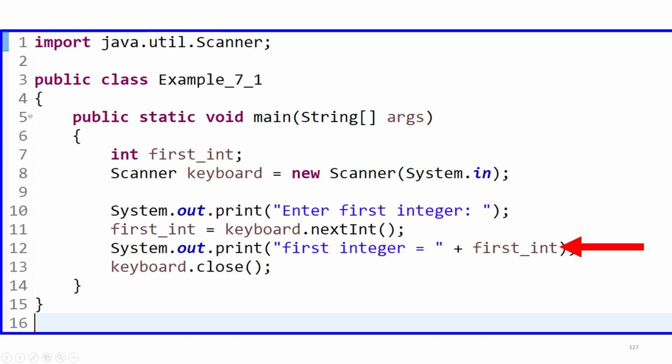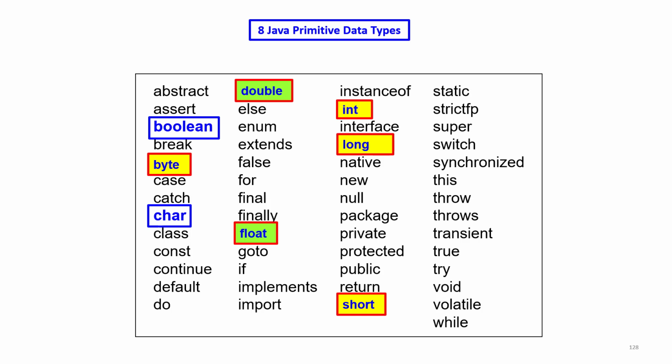And of course, all 8 primitives restrict the values that can be assigned to the variable of that data type. The integer numerics only accept digits and a leading plus or minus. The floating points accept those and a single decimal point.